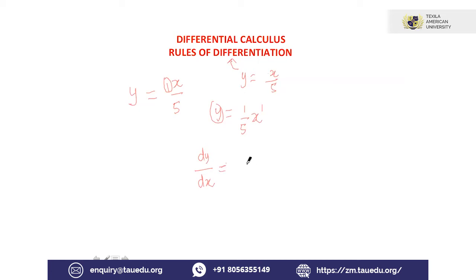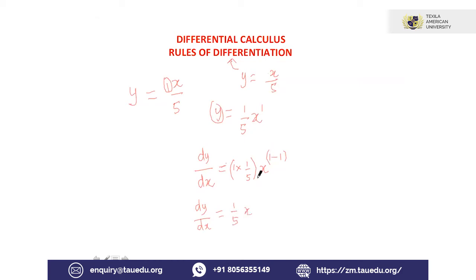Then we take the power, multiply it by the coefficient of the base, then take the power again and subtract 1. So if you get here, your calculation will be easy, right? So 1 times 1 over 5 will give you 1 over 5.